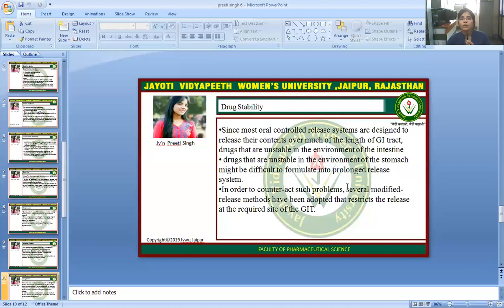So in order to counteract such problems, several modified release methods have been adopted that restrict the release at the required site of the GIT. The required site of the GIT is a main parameter of drug stability. Drug stability is necessary for the main action of the drug in the body.